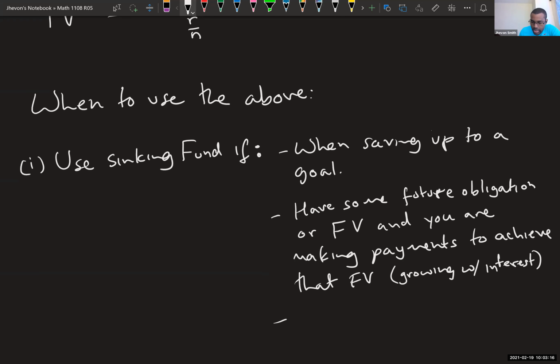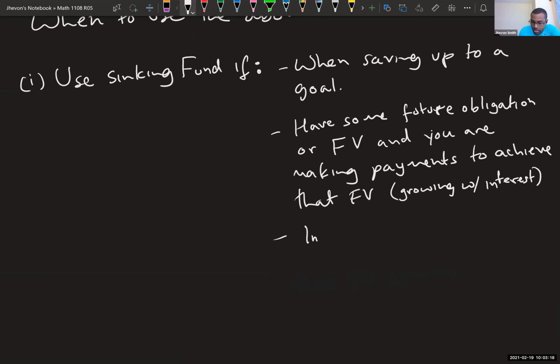So this is more like investing for the future. Okay. So this is when you would use this formula.